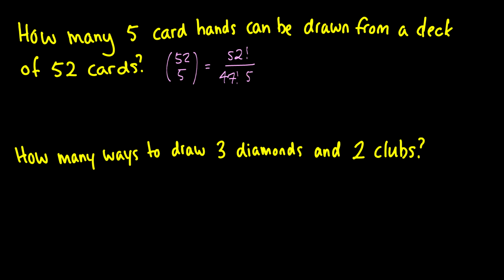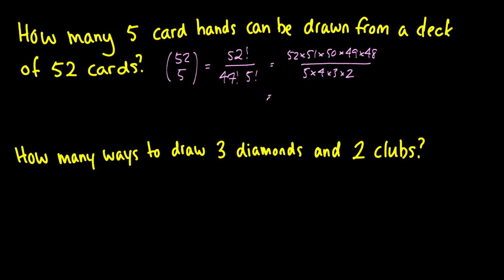So this will be 52 factorial over 47 factorial times 5 factorial, which will be 52 times 51 times 50 times 49 times 48, all over 5 times 4 times 3 times 2. And you can see why I didn't necessarily want to expand this, because this is getting a little bit crazy.